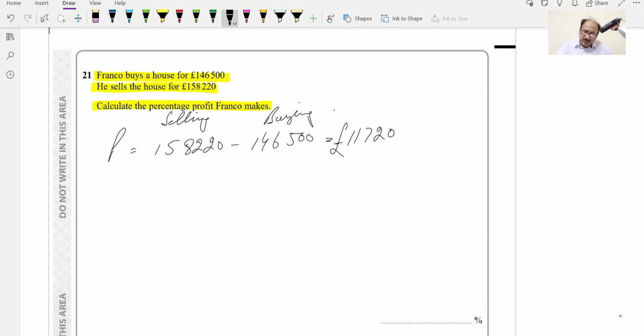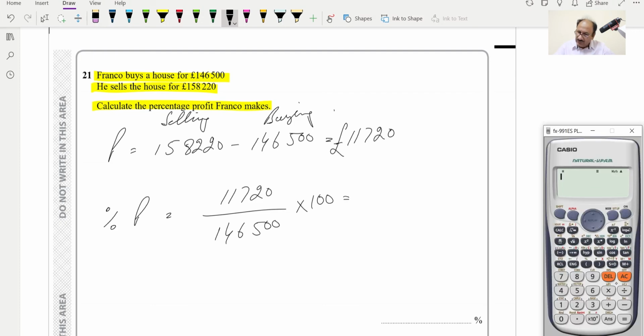Now this much profit is earned against how much investment? Invested amount was this much, so we will write percentage profit will be equal to 11,720. This was the profit against the invested amount, which is this one, and multiply by 100 for percentage, and we can simplify this.